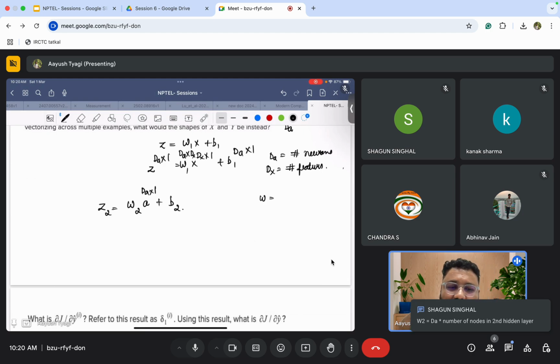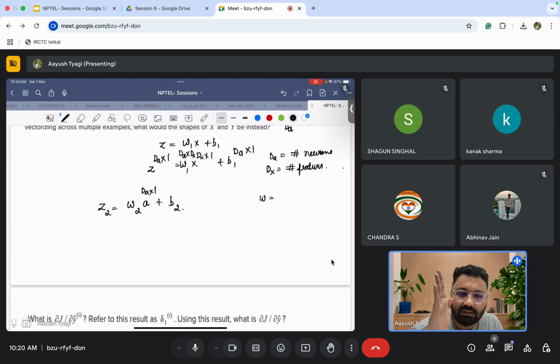So the second layer maps the hidden units to the output. What if we say it is 1 comma dA, and B2 is 1 comma 1? Does it make sense? Is it correct?